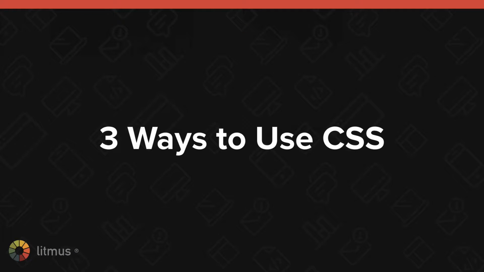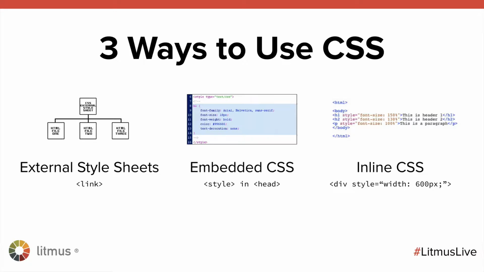So we're going to jump into the three different ways to use CSS and explore these. The three different ways that you can use CSS are external style sheets, embedded CSS, and inline CSS. I'm going to go through each of these briefly. The first of which is external style sheets.